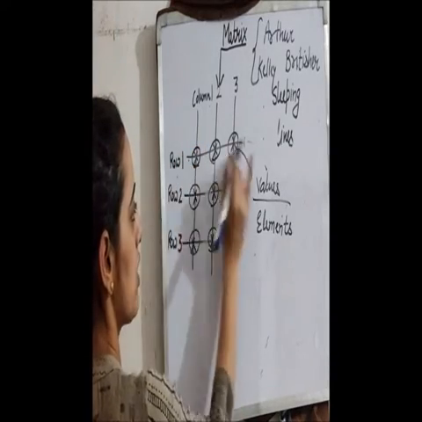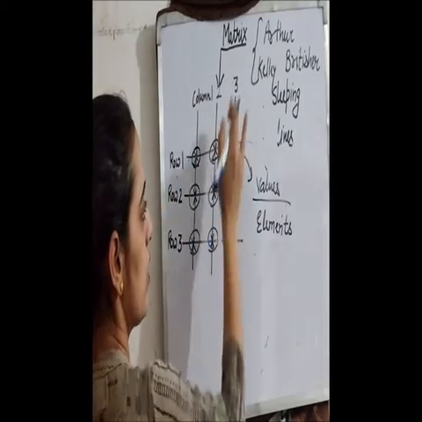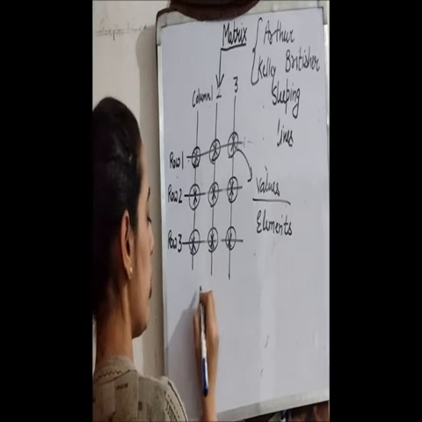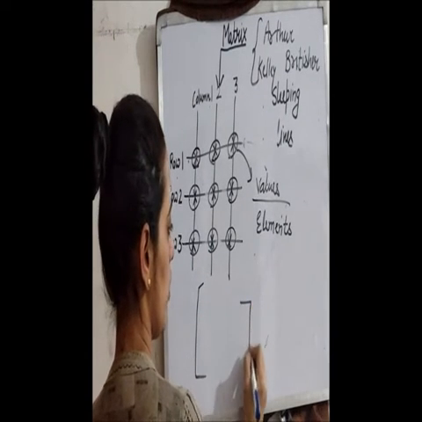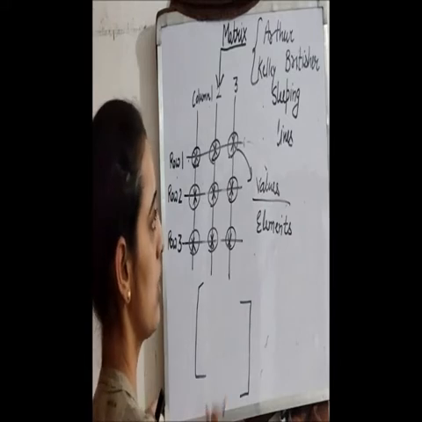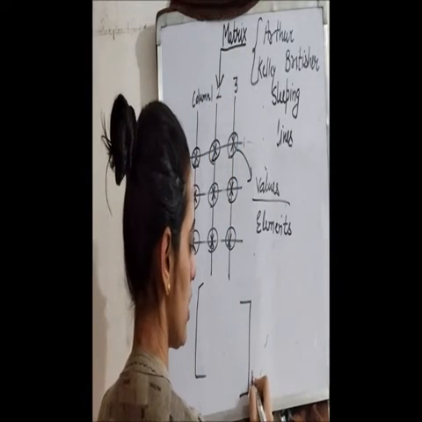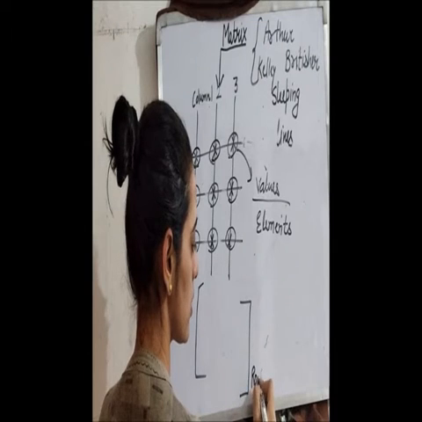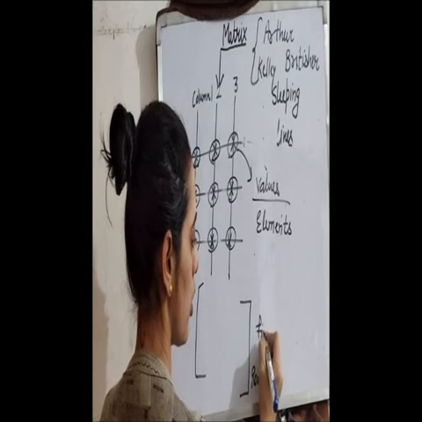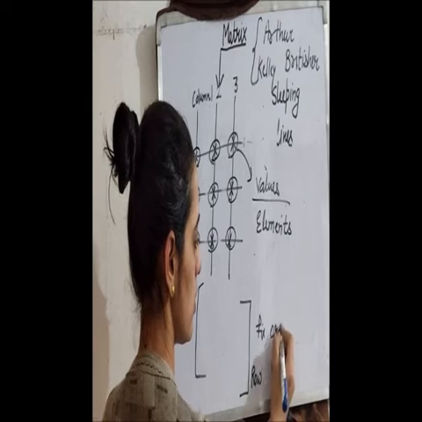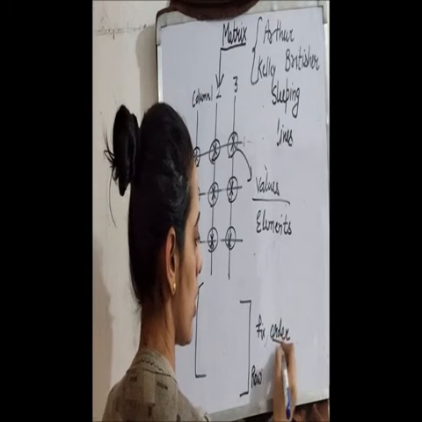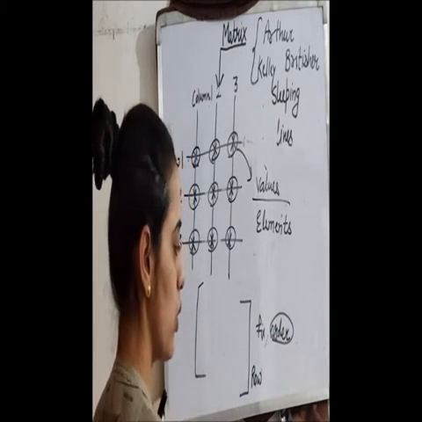These horizontal lines are rows and these are columns. One more thing which was fixed in this topic is that we will always fix the order. So what is that order?